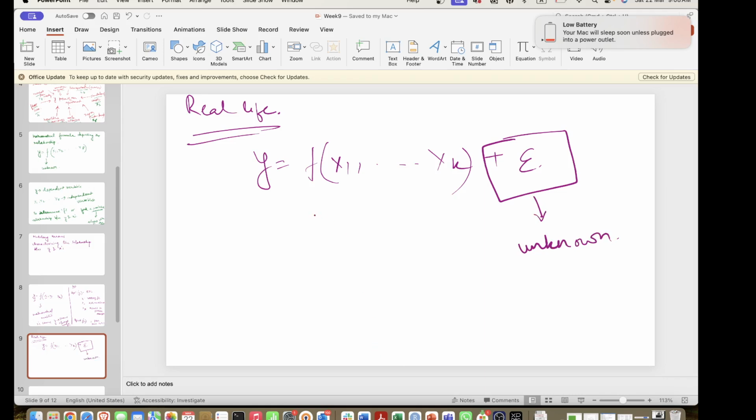Given everything is fixed, I have all the amenities in the world, I have the exact floor area and everything, even then in the real world what happens is that I would have a different y. So that is because of this unknown random error factor.